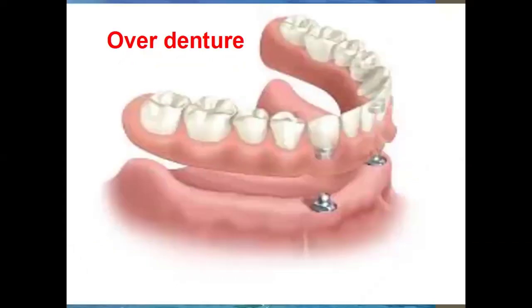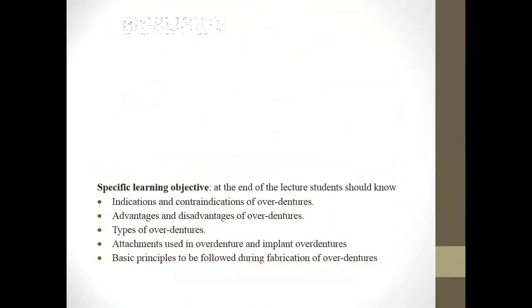And this lecture is intended for the audience group who belong to the undergraduate category, and also in general those who would like to know what this overdenture is all about as a treatment option in prosthodontics.